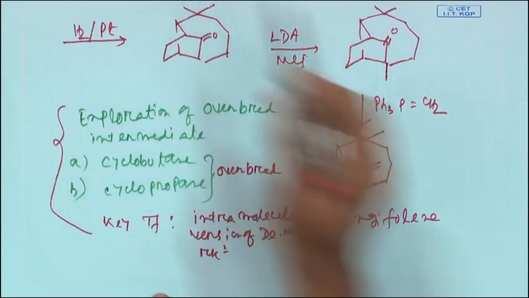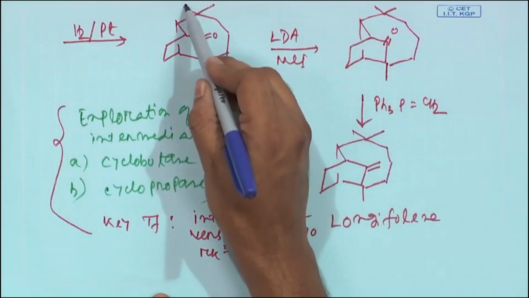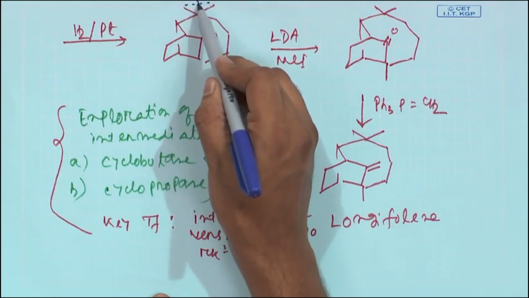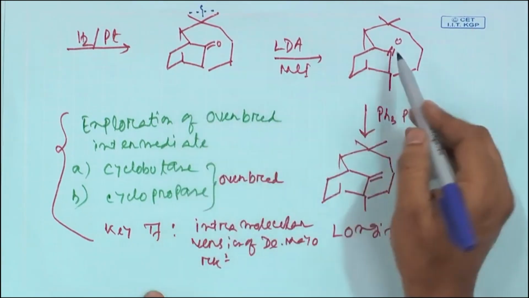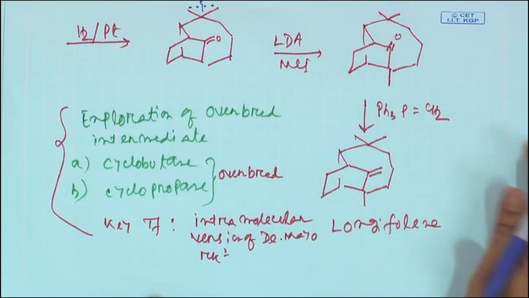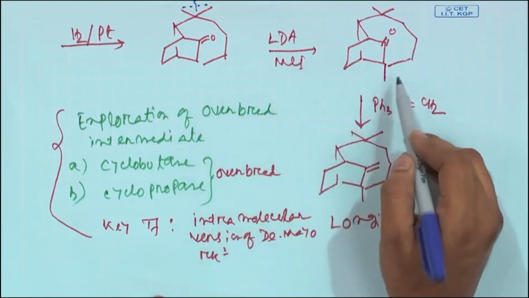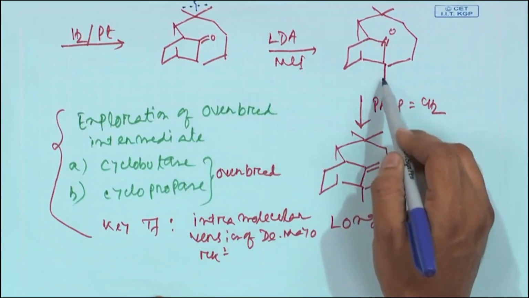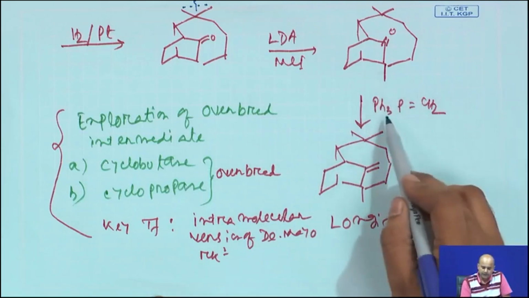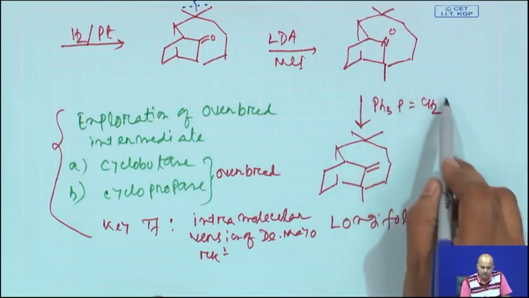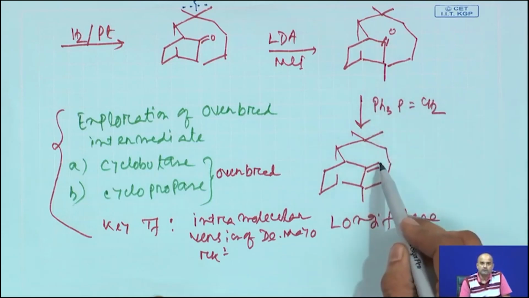So, in reality you are cleaving this bond, the surplus bond. You get this compound, fine. Your next part is just to introduce the endo methyl group here by LDA and methyl iodide.